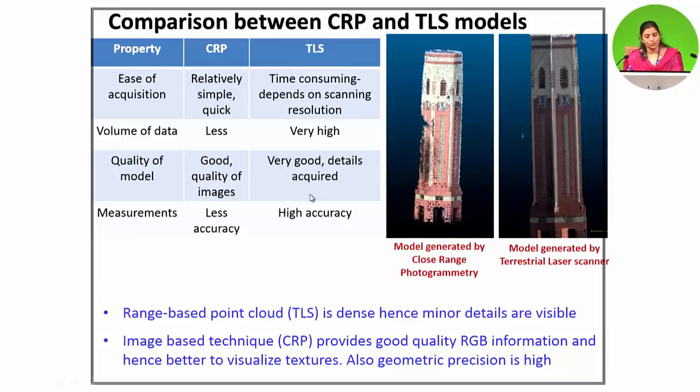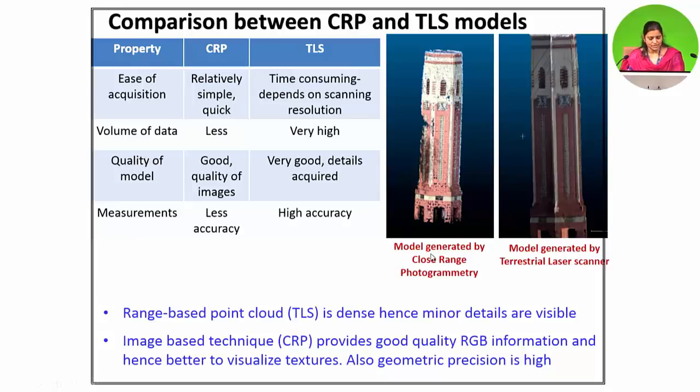For TLS, the quality of model is very good and all the details are acquired. The measurements are slightly less accurate in case of close range photogrammetry, and also depend upon the quality of images, whereas for TLS very high quality accuracy measurements can be done. So here I am showing you the models generated by close range photogrammetry and models generated by terrestrial laser scanner.